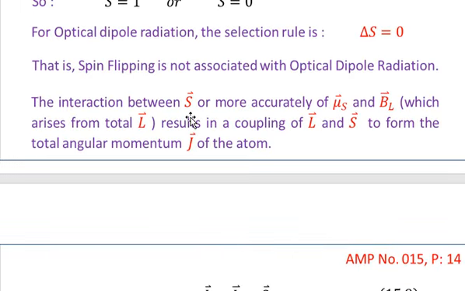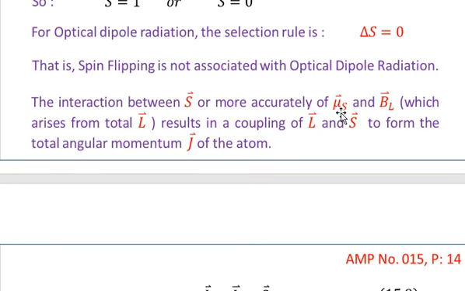Now consider the interaction between the spin angular momentum, or more accurately the spin magnetic moment, and B_L. You know that B_L arises from the total orbital angular momentum L of the atom, which is why I have a subscript capital L with B. So B_L is the internal magnetic field which arises because of the orbital angular momentum L of the system.